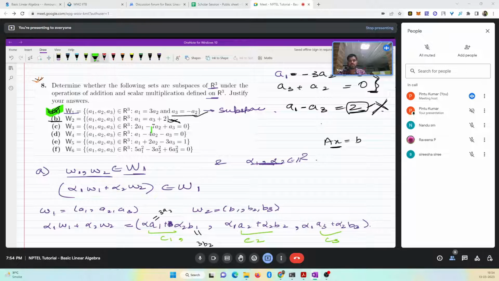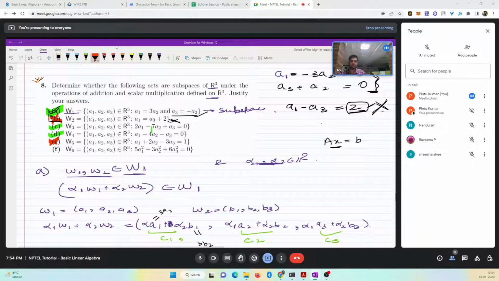So your second one is not a subspace. Again, in the third one you have 0 on the right hand side, so this would be a subspace. The fourth one would be a subspace. The fifth one is not a subspace because again you have 1 on the right hand side.